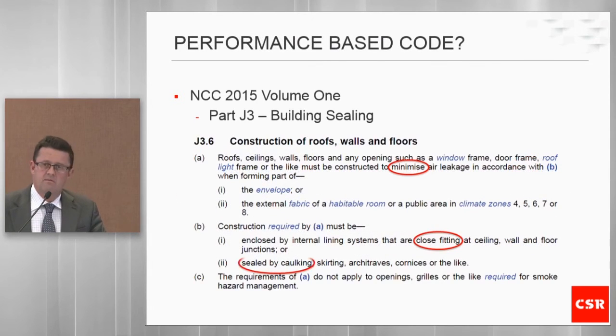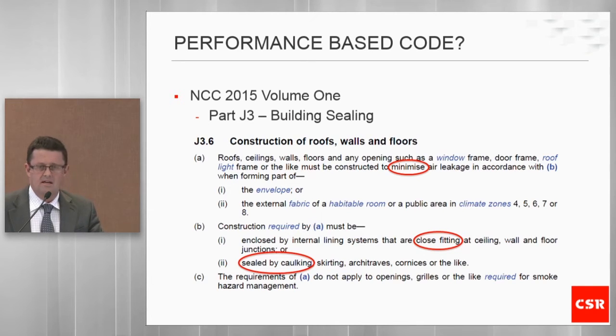But the building code is a performance-based code, right? So it's really important to have a look at the language around the performance components of the code. And again, in Part J3 of Volume 1, it talks about being constructed to minimise air leakage. It talks about things like internal lining systems that are close fitting at ceiling, wall and floor junctions. It also talks about sealing by caulking of the skirtings, architraves and cornices.